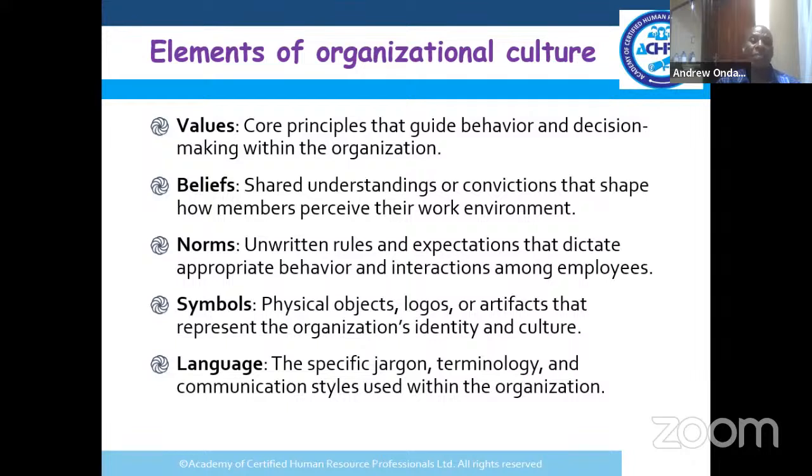Norms are the practices that are passed from one generation to the other. Even in our own communities, we have these norms. As a norm in HR, we conduct training needs analysis before we implement any training.